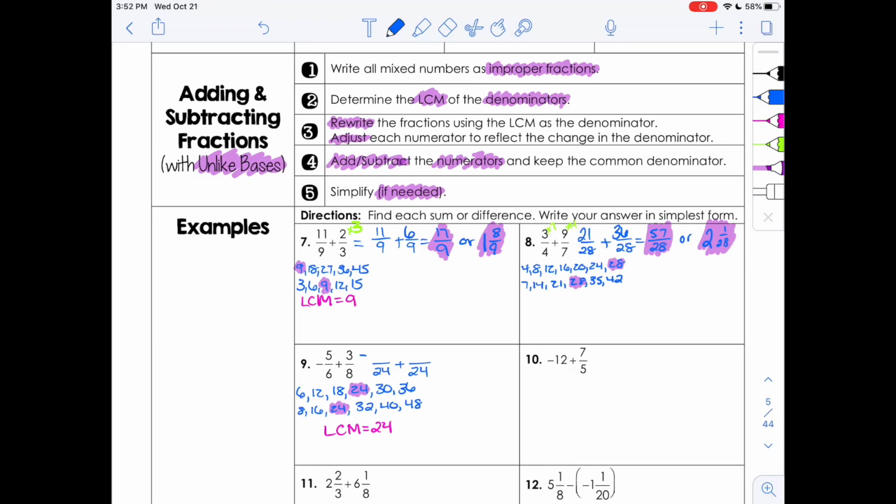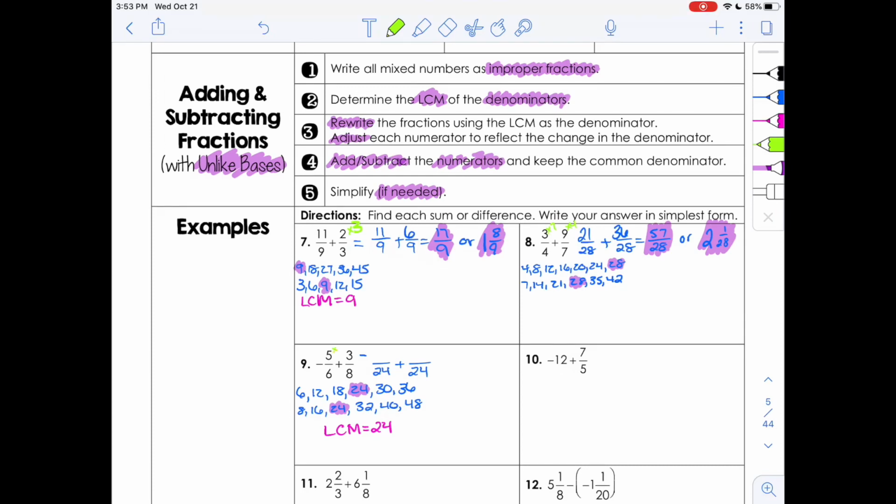Now I need to calculate what the new value of my numerator will be. Taking my old denominator of 6 and determining how many times 6 goes into my new denominator of 24. 6 goes into 24 4 times.